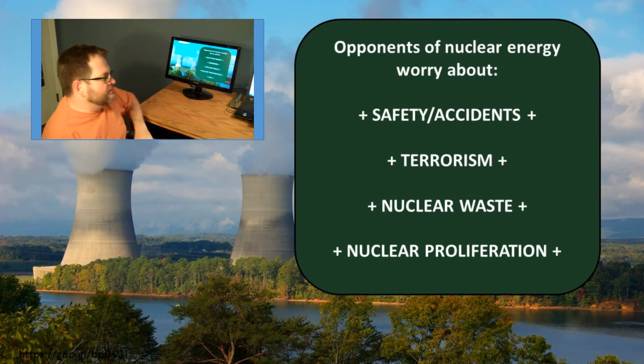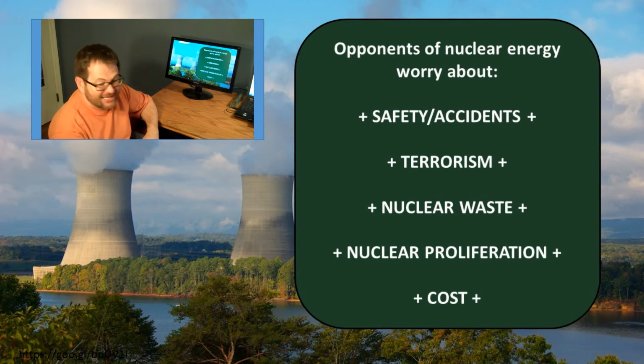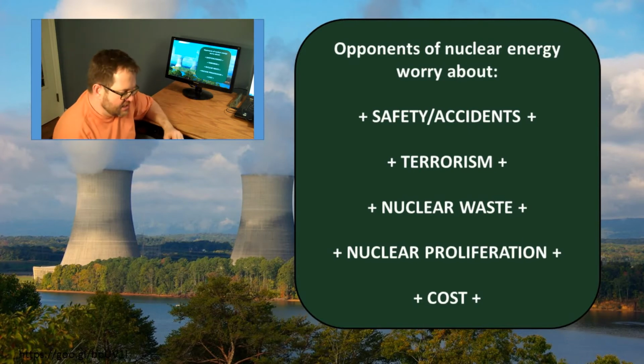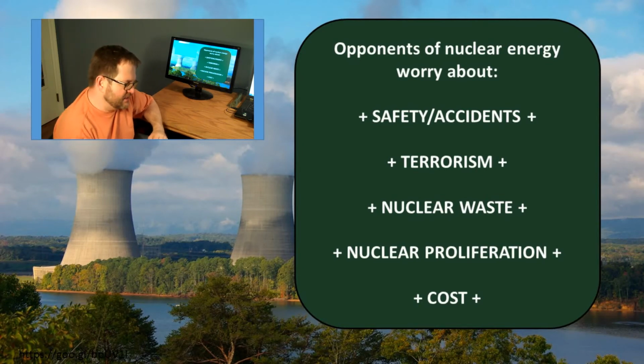All right? There's also cost issues. Once a nuclear plant is running, it's actually a remarkably cost-effective thing to operate. Building a nuclear power plant is ridiculously expensive and very, very risky. The United States does not have a great track record of building nuclear power plants since about the 70s, when Three Mile Island happened.